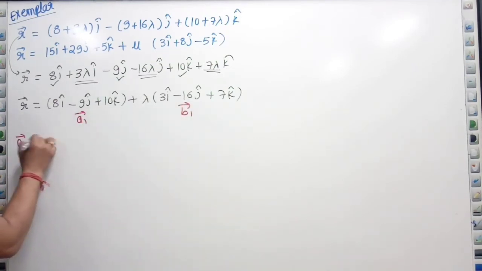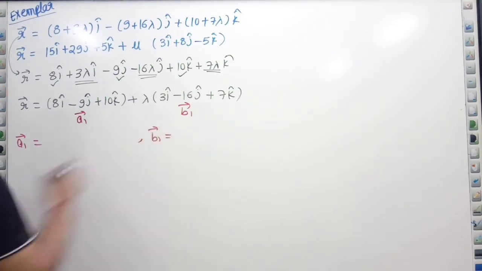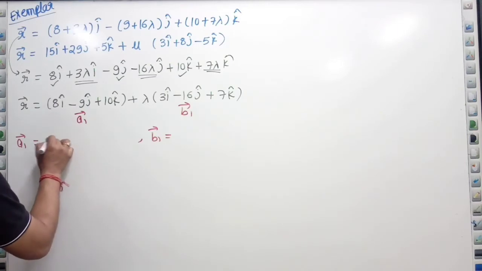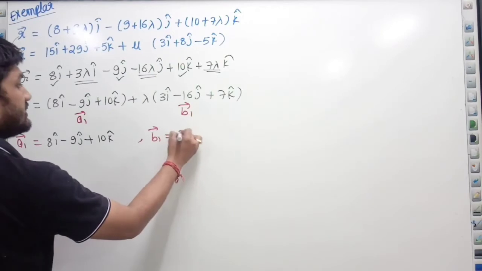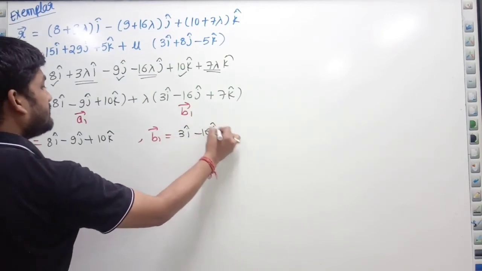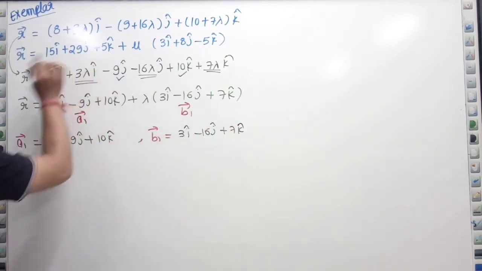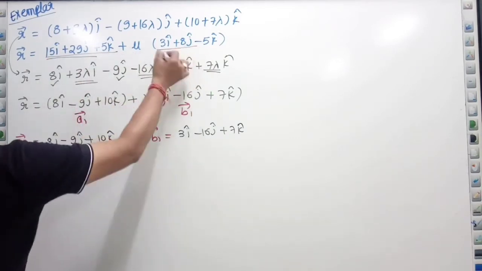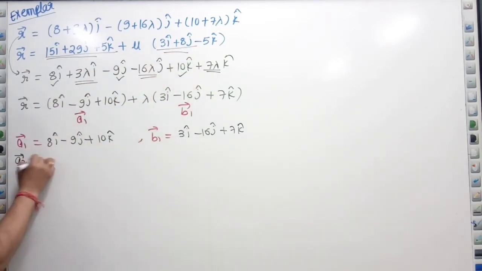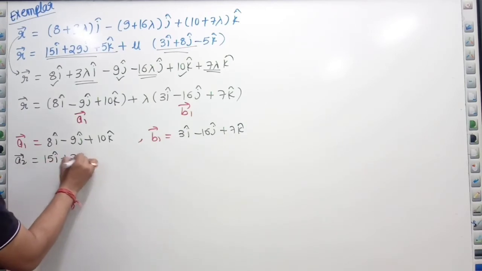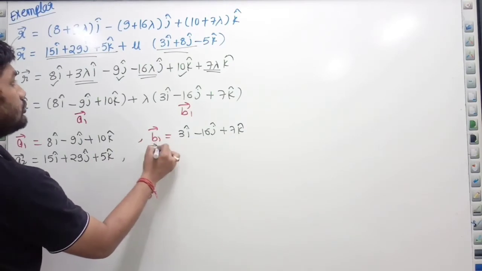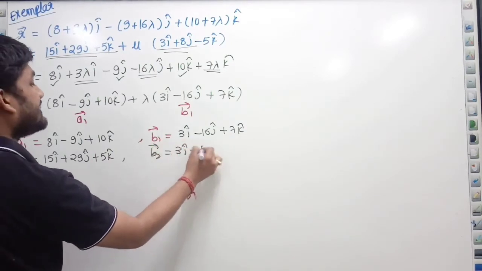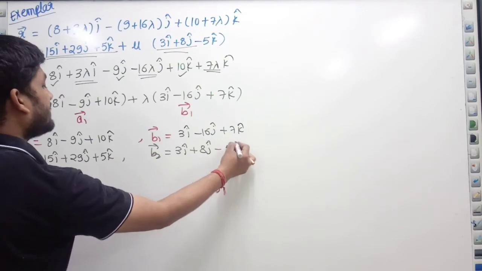किसी को भी a1 b1 ले सकते हो from any equation. a1 is 8i minus 9j plus 10k, b1 is 3i minus 16j plus 7k, and this is a2, b2: a2 we have 15i plus 29j plus 5k, b2 3i plus 8j minus 5k.